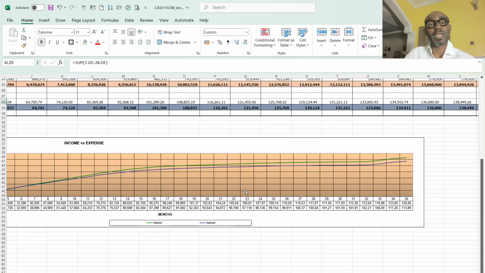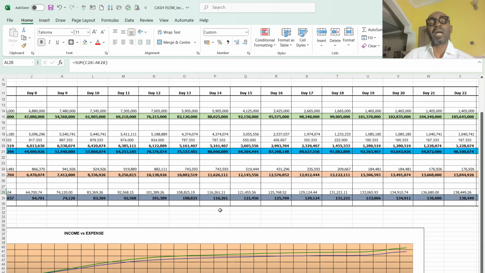As you can see, the green is the income, while the purple is the expense, and it's showing that the expected income is more than my expense. Anticipated income is more than my expense. You can imagine if my expense was more than my income, automatically it would indicate that there is something wrong either with my analysis or with the entire project.